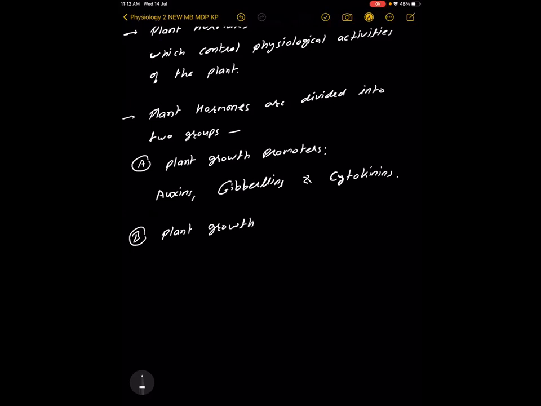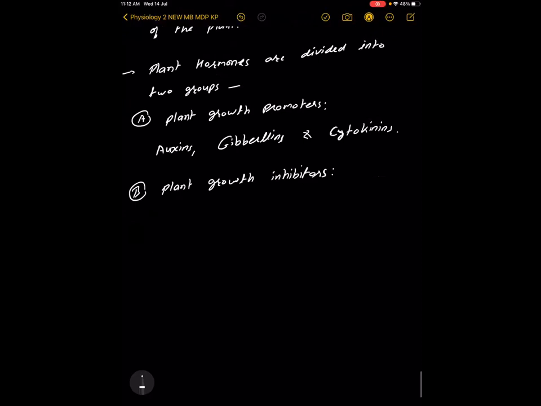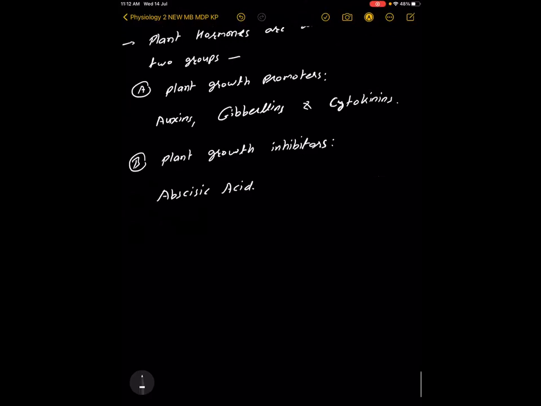Plant growth inhibitors: abscisic acid is an inhibitor. Ethylene is also considered an inhibitor because most of the time it inhibits the growth.